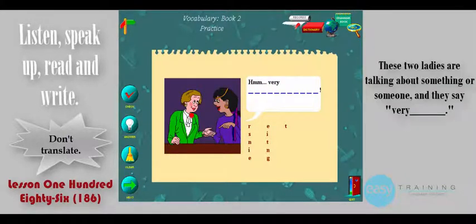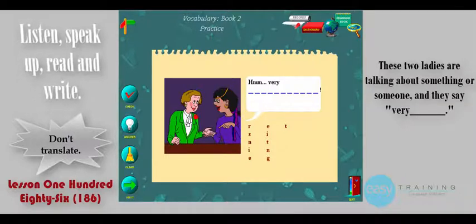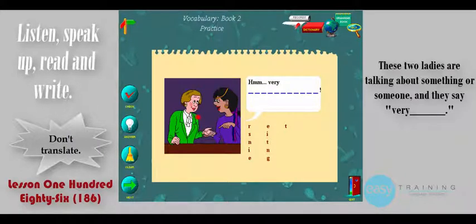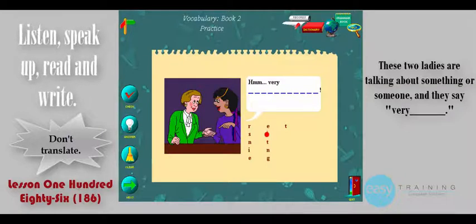Very what? These two ladies are talking about something or someone, and they say very, well, I guess the missing word is interesting, according to these letters. So let's try.